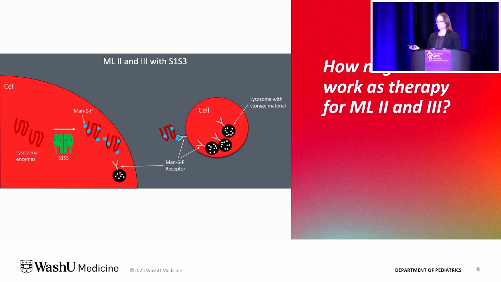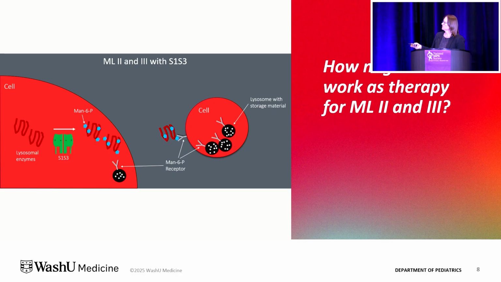With S1, S3, we postulate that we can add the mannose-6-phosphate sugar decoration back onto the proteins, the lysosomal enzymes. They will traffic by the mannose-6-phosphate receptor, and they can exit the cell with that mannose-6-phosphate decoration on them.